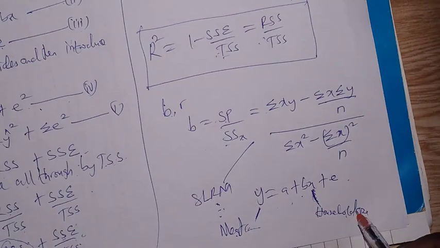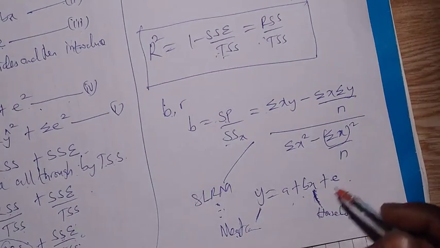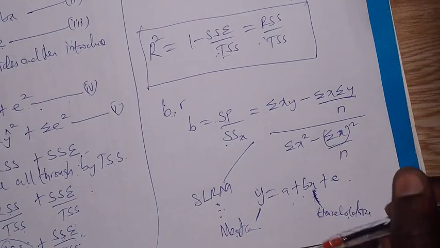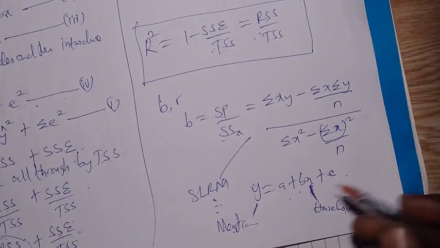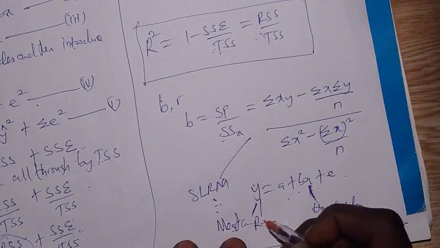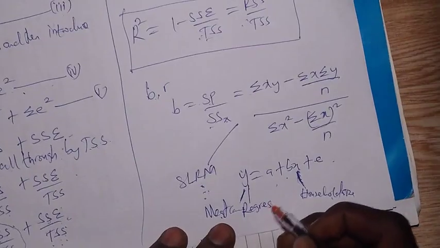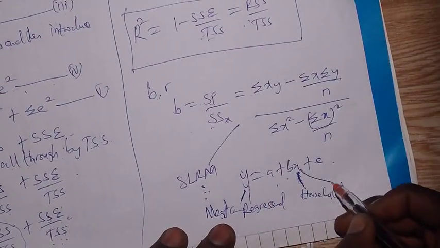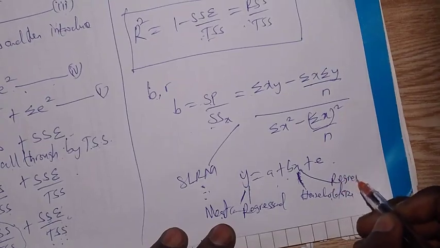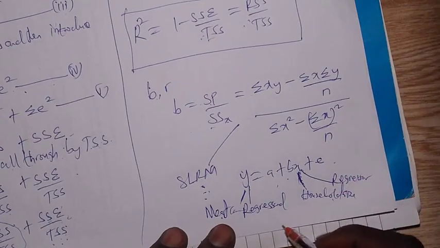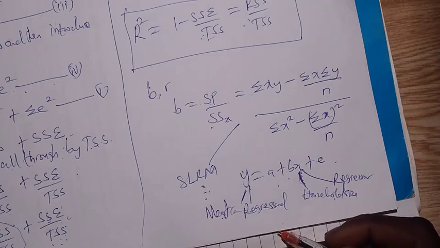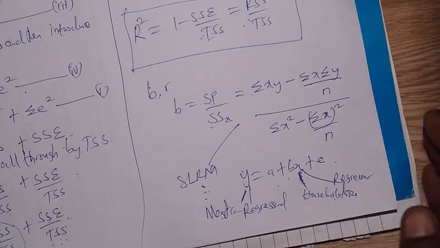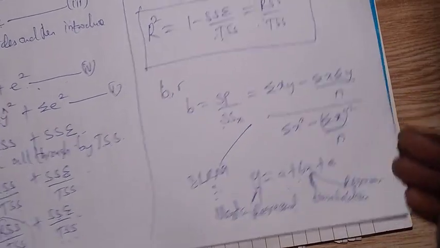I hope you are able to distinguish your dependent variable from independent variable. This is called regressant, and this is called what? Regressor, right? And I'm giving you a variety of names for dependent and independent variables so that you cannot get confused. At times in exams, this confuses a lot of students.